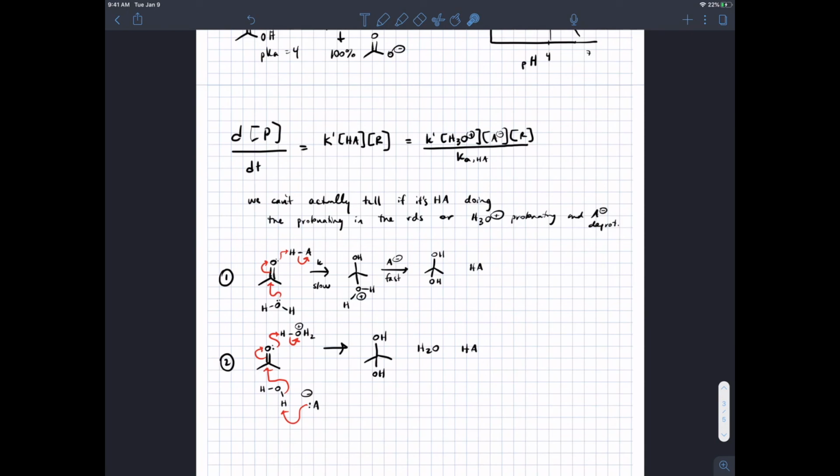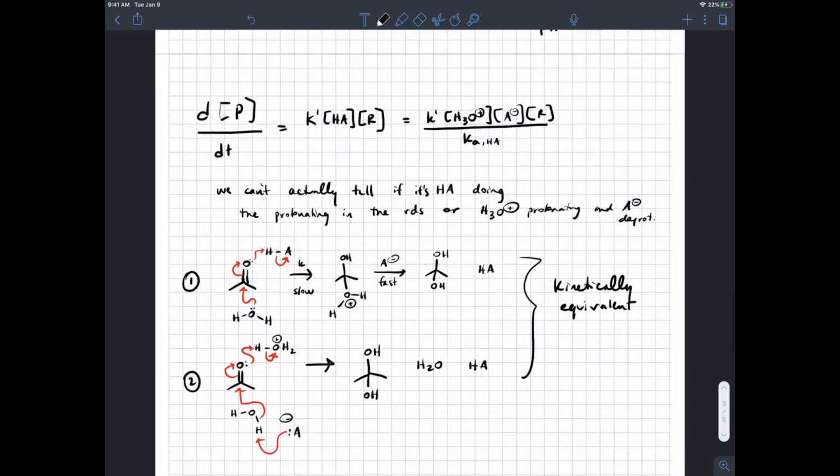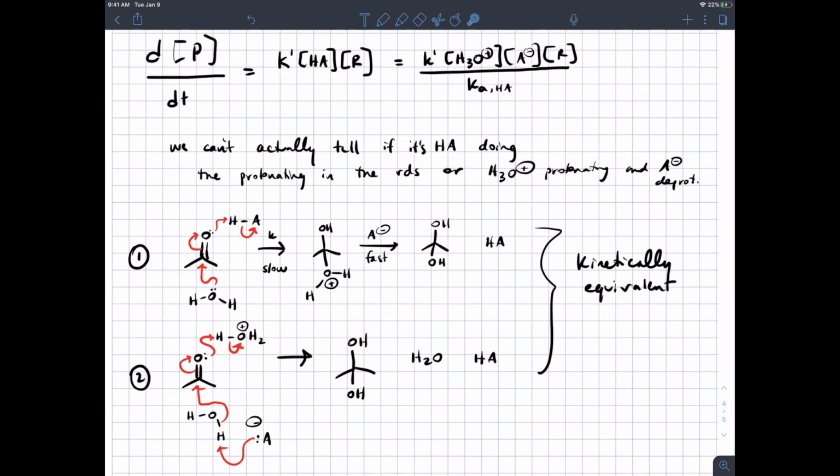Now, when I look at this, I say, well, first let me just put for the notes, kinetically equivalent. When I look at this, I say, okay, you've got a lot of things going on here. Bimolecular reactions where two molecules encounter each other in the rate determining step are well known.